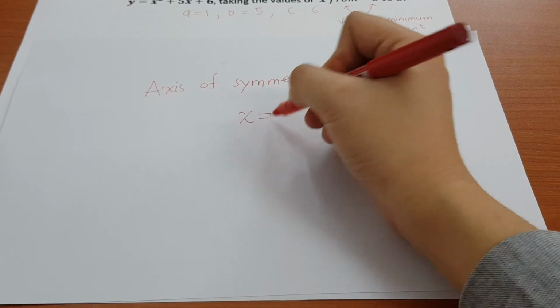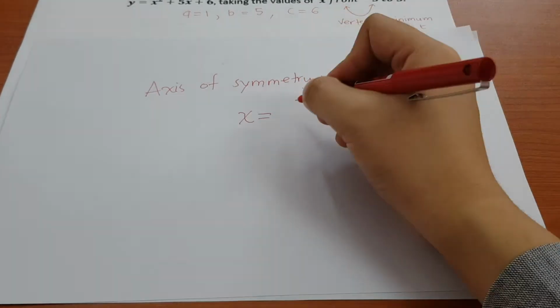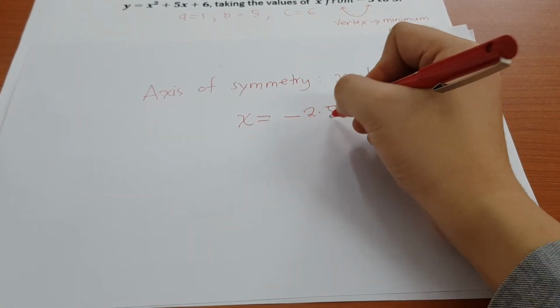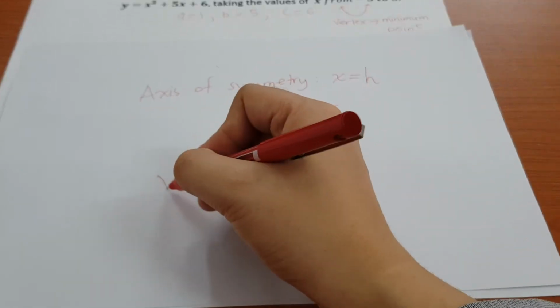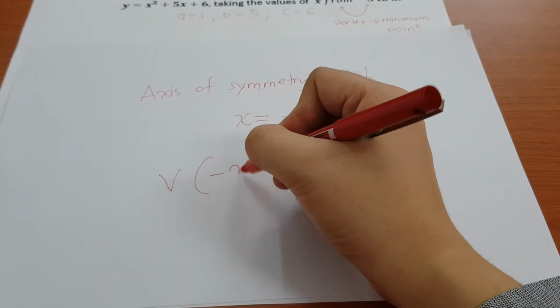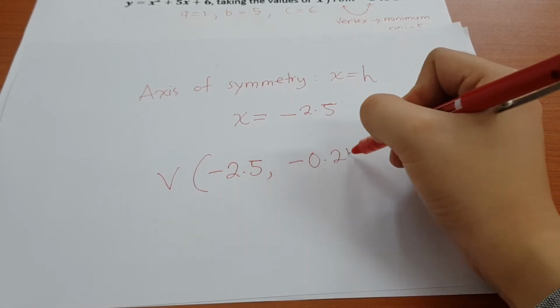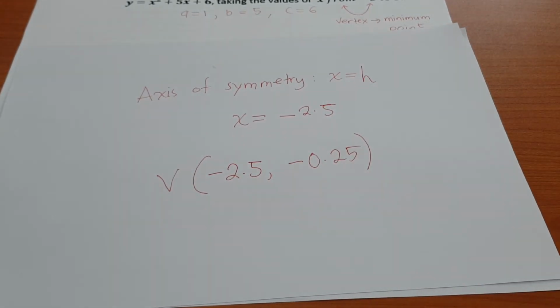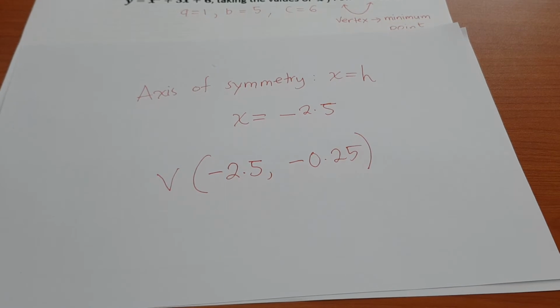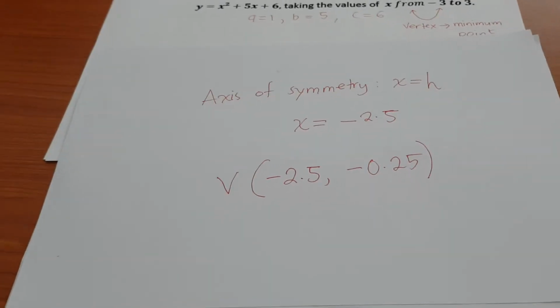Hence, x equals, what is the value of our h? Minus 2.5. This is the axis of symmetry. Vertex is (minus 2.5, minus 0.25). So we already solved the important points in our graph.